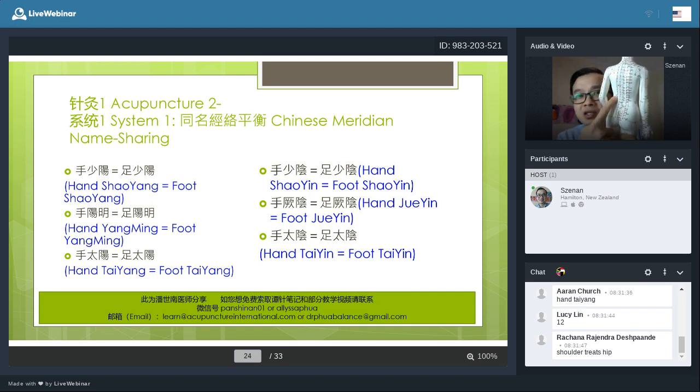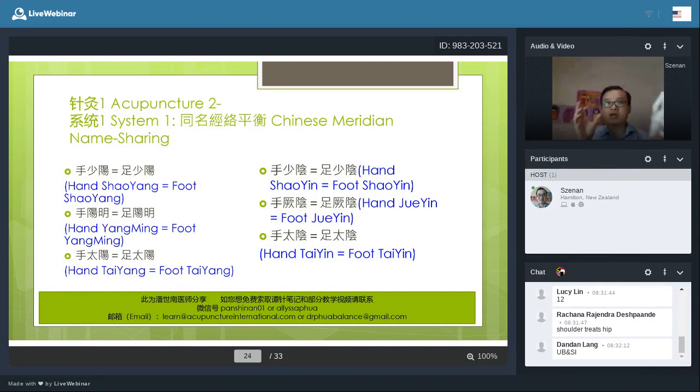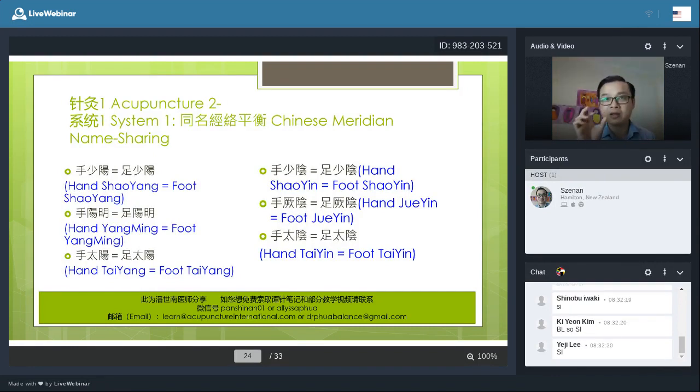What is your answer on system 1? Acupuncture 2, balance meridian. This is bladder meridian. The full name of bladder meridian is foot tai yang bladder meridian.